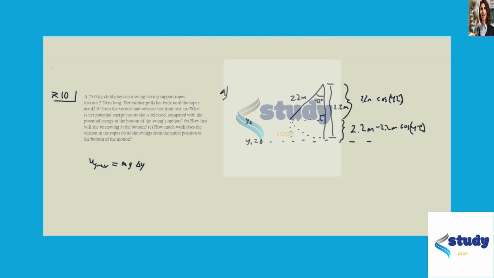Then plugging that into our equation for the potential energy of gravity, we should have 25 kilograms times 9.81 meters per second squared times this distance. So we're going to have 2.2 meters minus 2.2 meters cosine of 42.